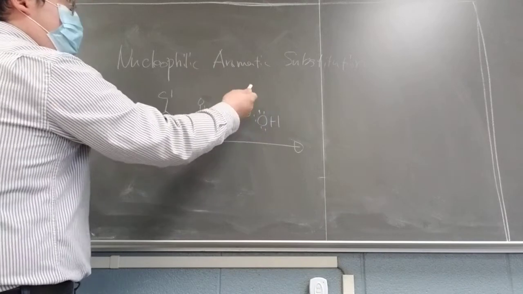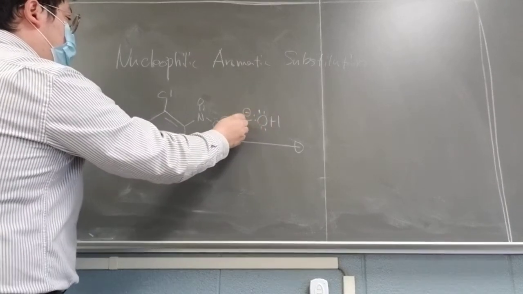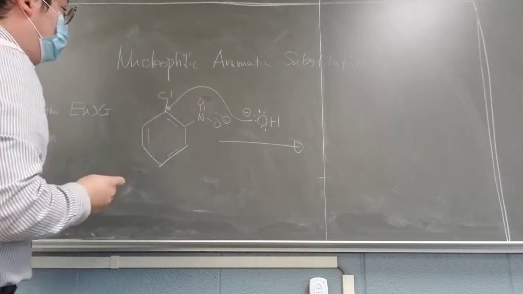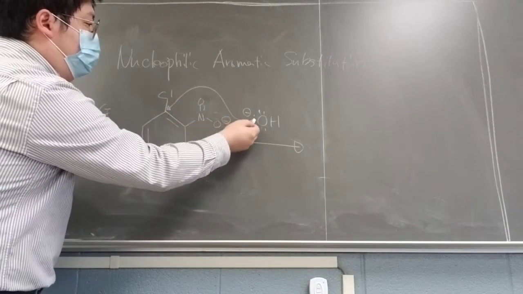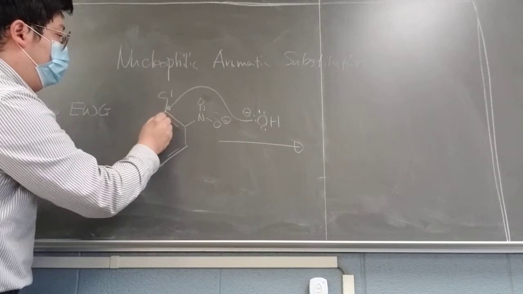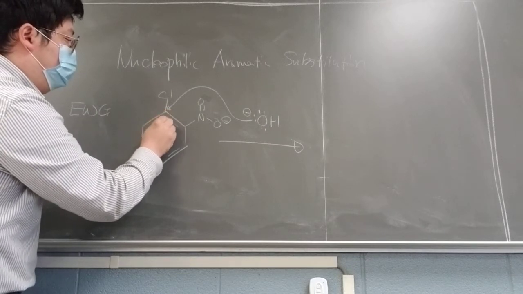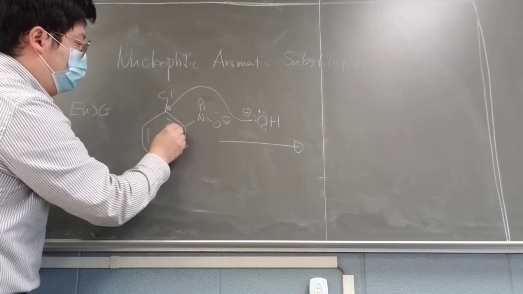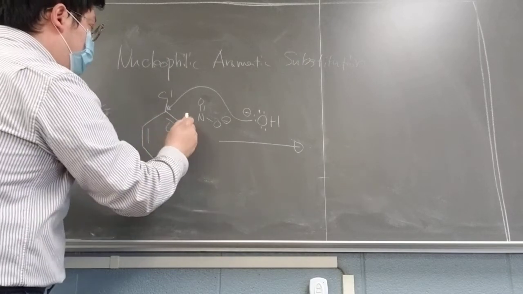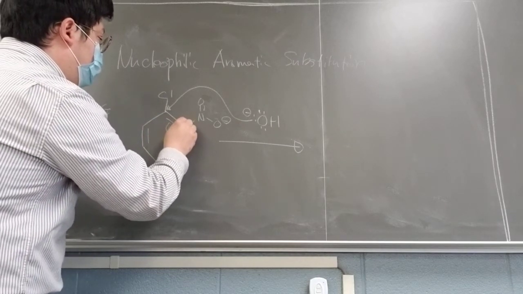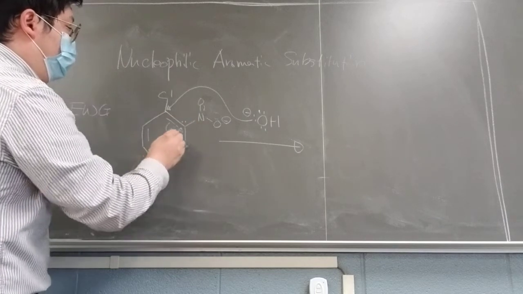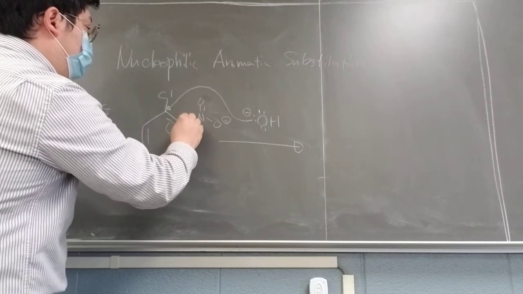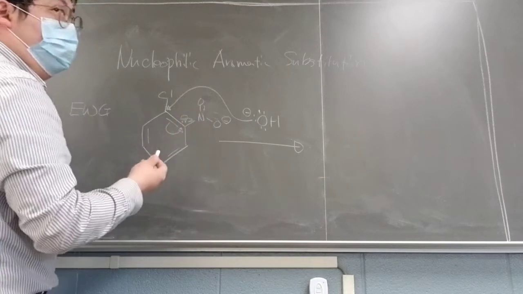So I briefly explained last time, but this goes to this position. Then that obviously will make this negative charge on here. So then this will push the pair of electrons in this double bond to here. Okay? So that makes the carbanion form on here, and then that makes the double bond to the nitrogen.